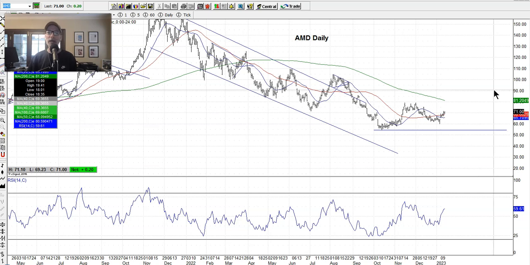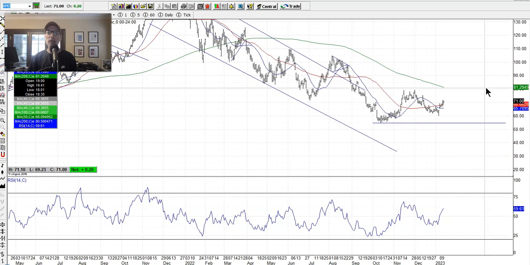Now you have to decide, where's my comfort level? Where would I be okay buying AMD? I don't want to buy it at 71, but I want to buy it somewhere cheaper down here if I'm afforded that opportunity. But the way that we do it at the Smart Option Sellers, like I said, we always put in a 20% buffer between the current stock price and our potential strike price.